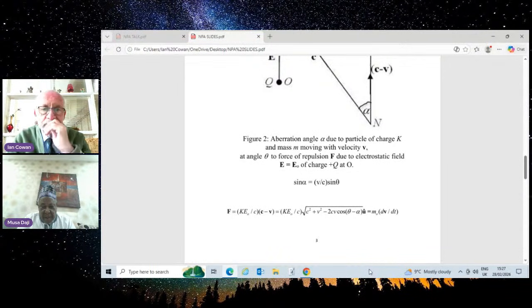So the problem with relativity is that really the infinite mass is a very uncomfortable situation. We know there can never be an infinite mass anywhere, but there it is.